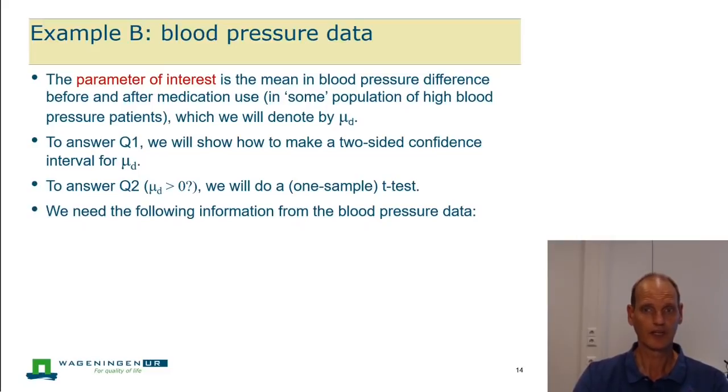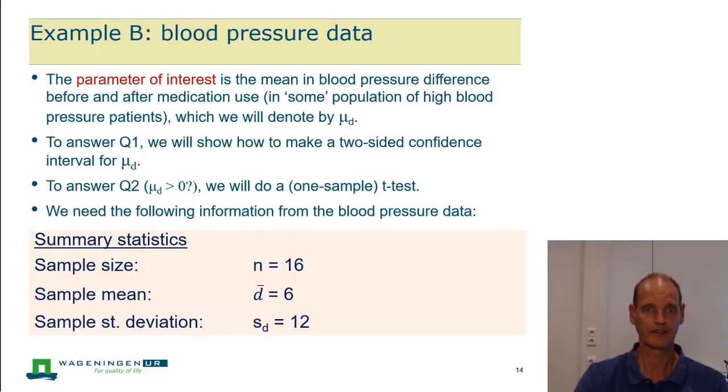We need the following information from the blood pressure data: summary statistics. We see the sample size n is 16, the sample mean d bar is 6, and the sample standard deviation of d is 12. What we see here is that we do not have data on x and y.